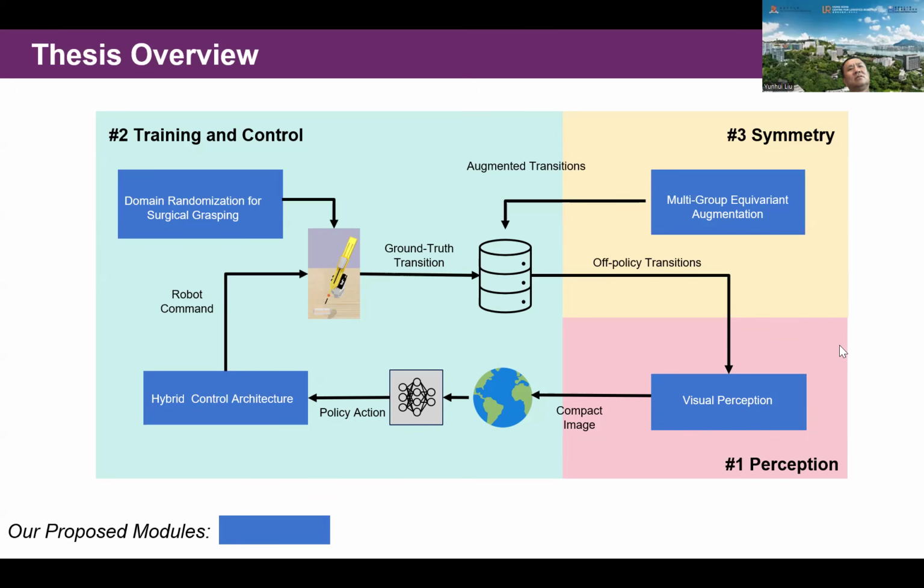But in terms of leveraging the symmetry in visuomotor learning, we have a bigger impact, contributing to the theory of visuomotor learning for general robot manipulation. So beyond the surgical task, we can extend it to the more general robot manipulation field. Is that answering your question?